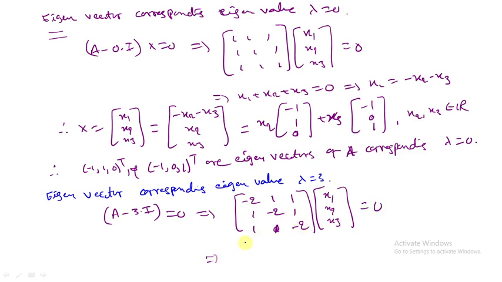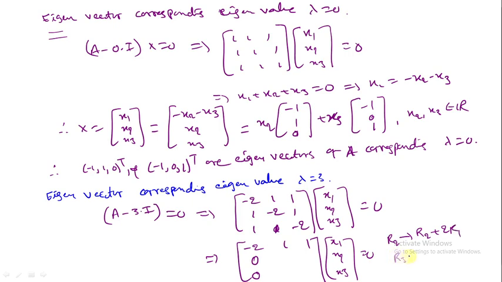Now convert this to zeros, convert to echelon form. Apply R2 is R2 plus R1, R3 is R3 plus R1.